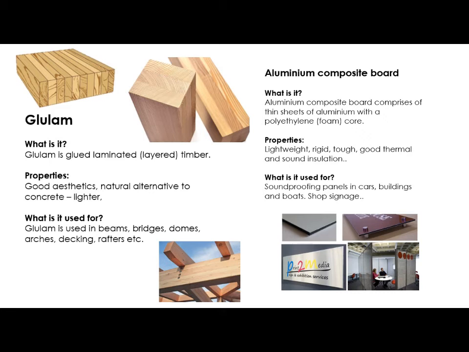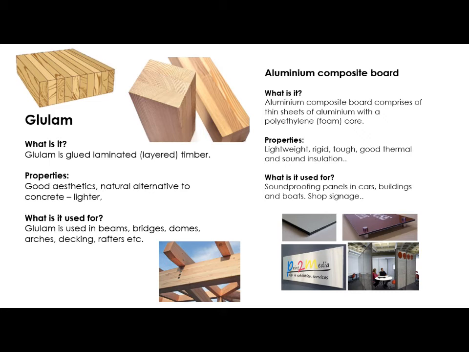And another big advantage is it allows you to create massive, great big beams and structures from natural wood, which is a lot more aesthetically pleasing. It's really stunning and is often used in architecture, in beams, bridges, domes, arches. It's a really high quality, well finished material that looks very attractive.